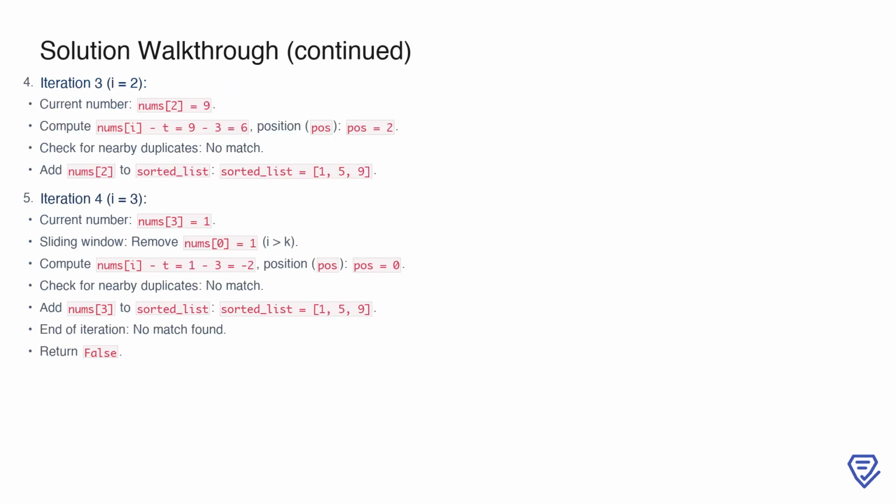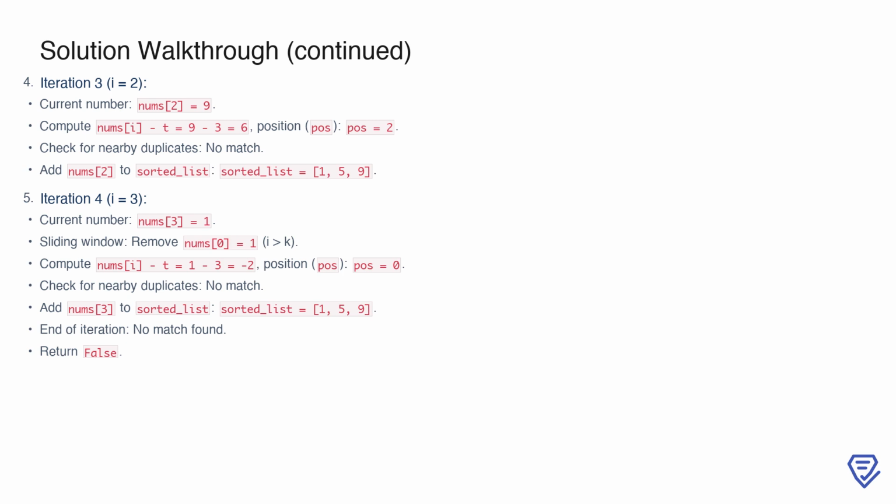For nums[2], which is 9, the calculation nums[i] - t results in 9 - 3, giving 6. The position for insertion is determined to be 2. Checking for nearby duplicates, we find that no elements in the sorted list meet the condition. We add nums[2] to the sorted list, which becomes sorted_list equals [1, 5, 9].